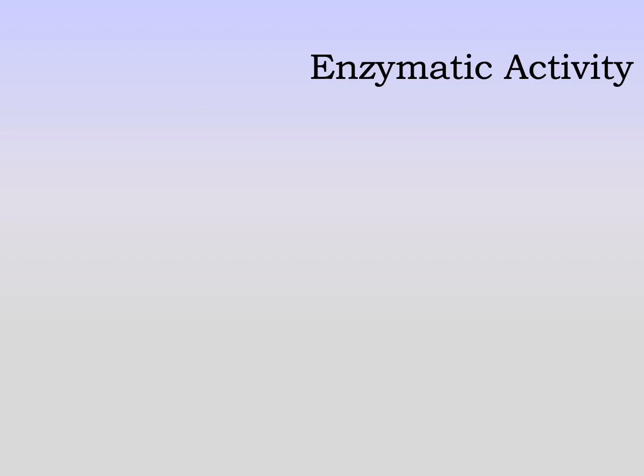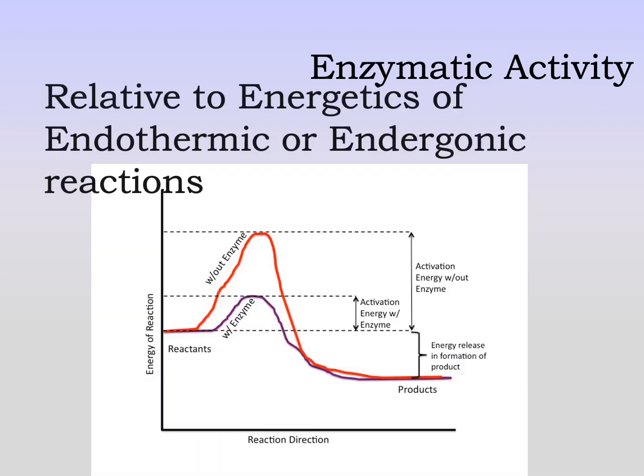And so let's take a look at this key regulatory step in terms of enzymatic activity. What we're trying to do is regulate how much activation energy is necessary in order to have the step proceed. That is, we're controlling for the rate of reaction. In terms of the energetic control here, it's based off of an endothermic and endergonic issue.